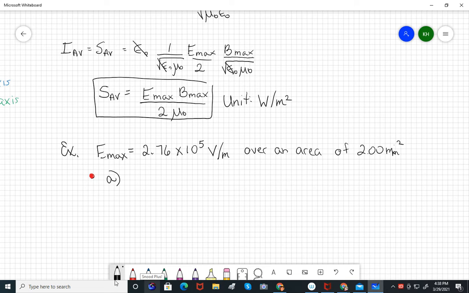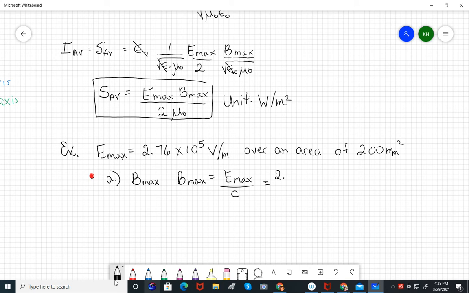First question they ask us to find is Bmax. Well, if I know Emax, I know Bmax. Bmax is simply Emax divided by c because they're related by c.